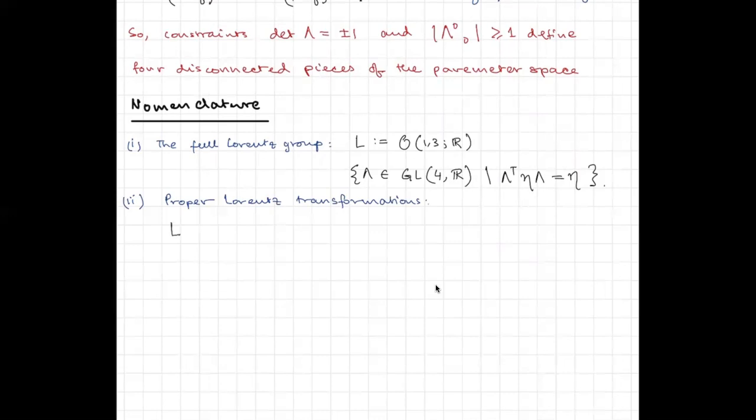We're going to be calling this L plus, and this is going to be SO(1,3), and again in the reals, such that lambda belongs to O(1,3) and the determinant of lambda is +1.